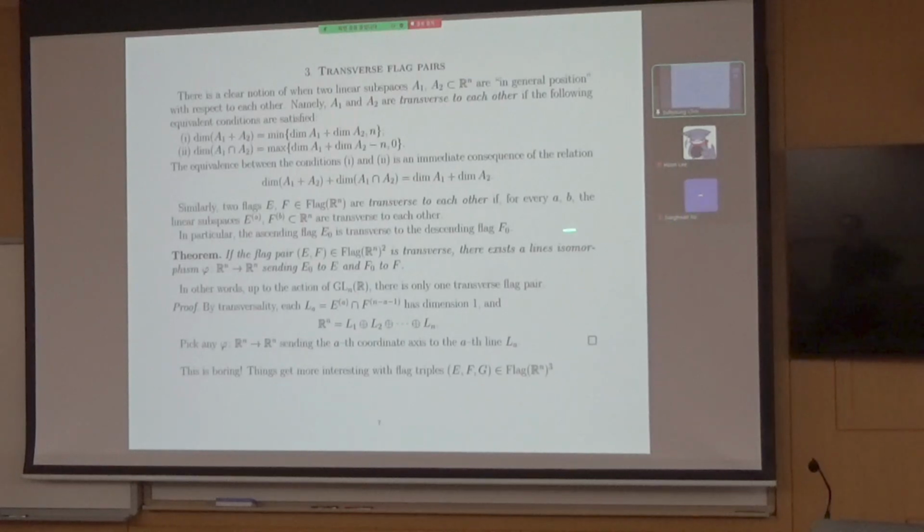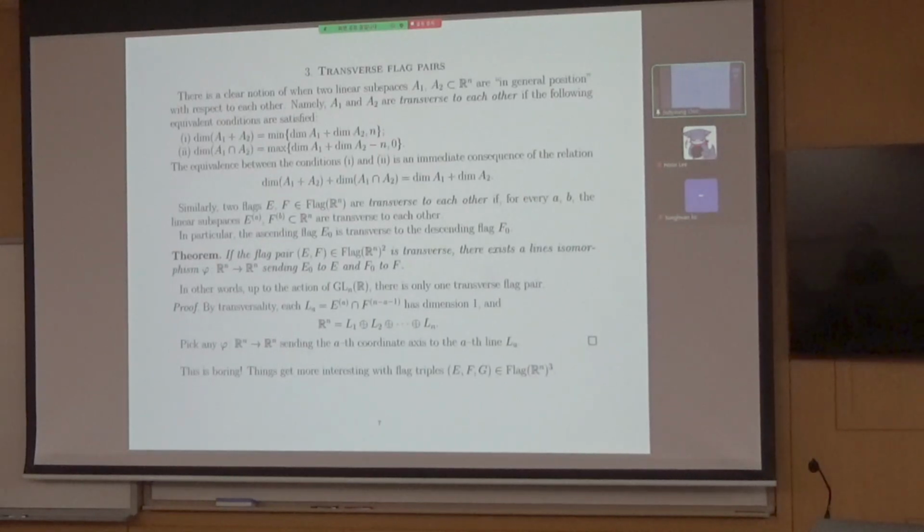It is transverse to the descending flag F0, where the B-dimensional space is generated by the last B coordinates. So that's an example of a pair of flags that are transverse to each other. Theorem: that's the only one.